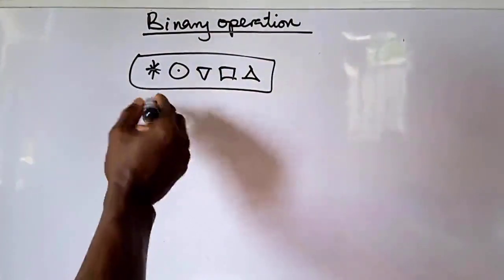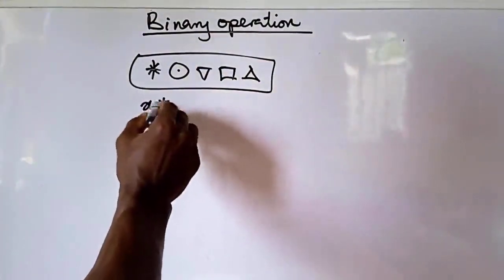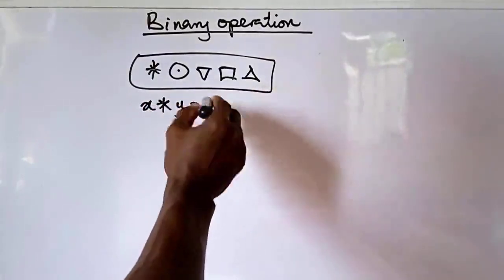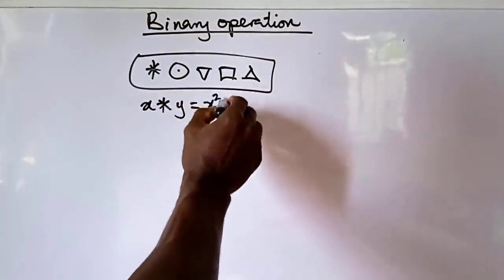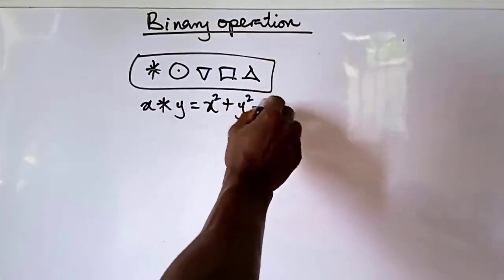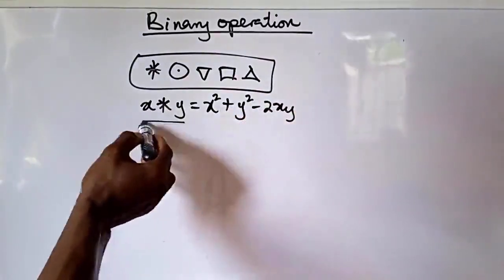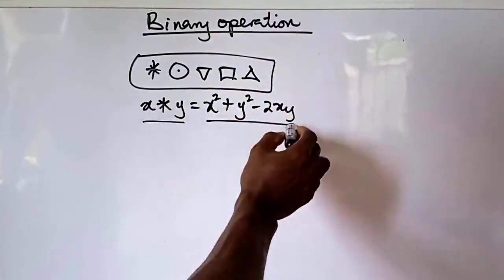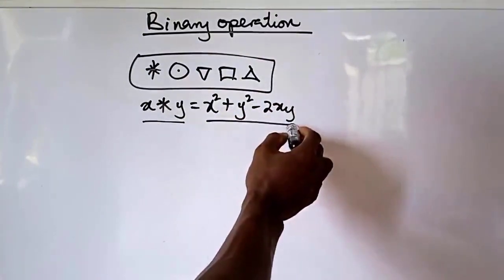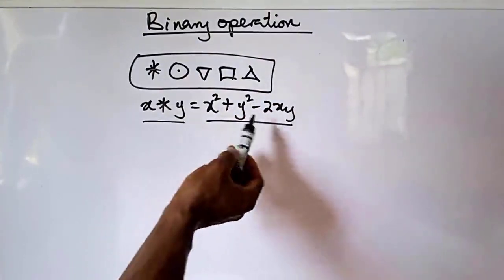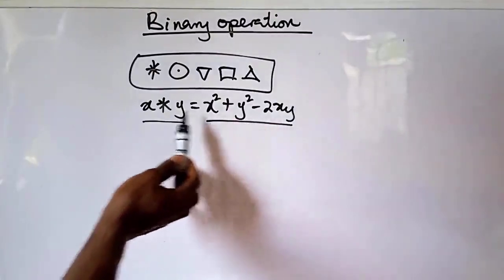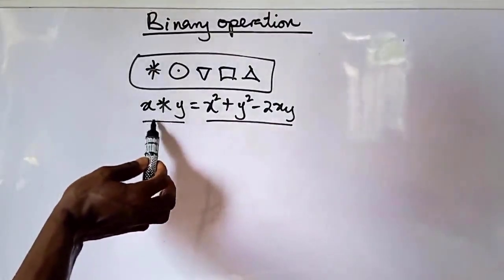Say, for instance, that x operation y gives x raised to power 2 plus y raised to power 2 minus 2xy. This is to say that this operation gives birth to this expression, which means you must obey this expression to get the answer for this operation.